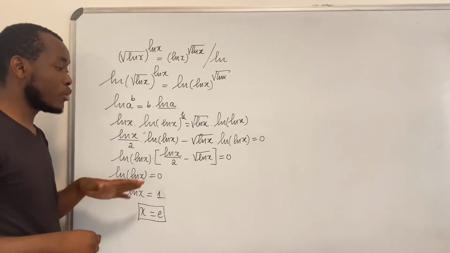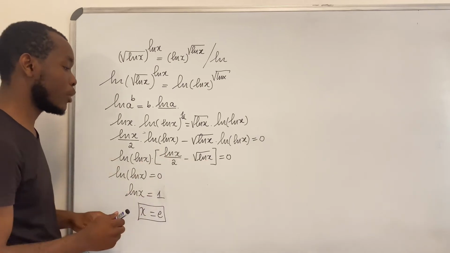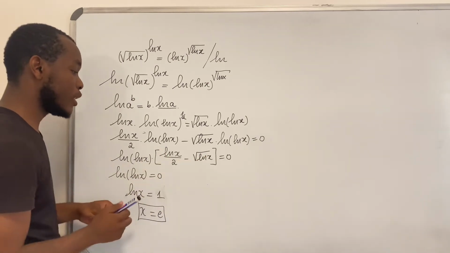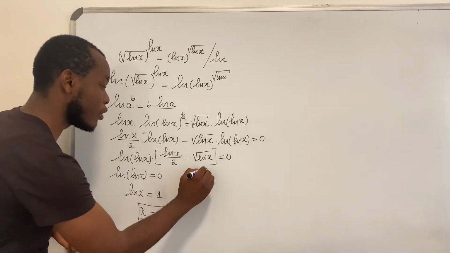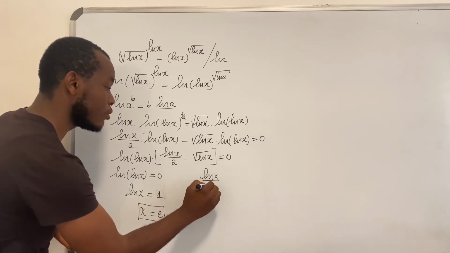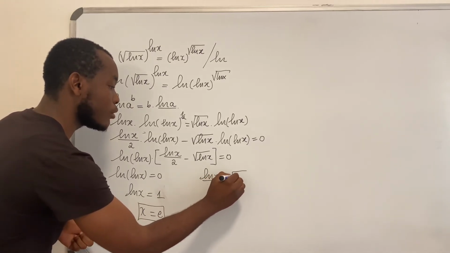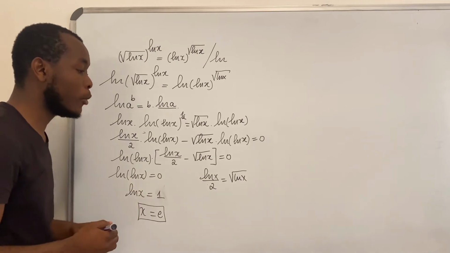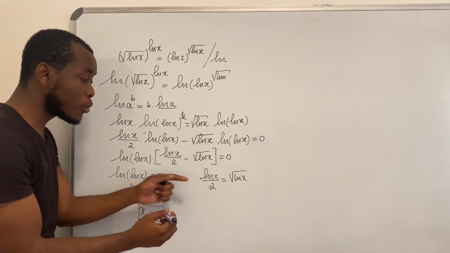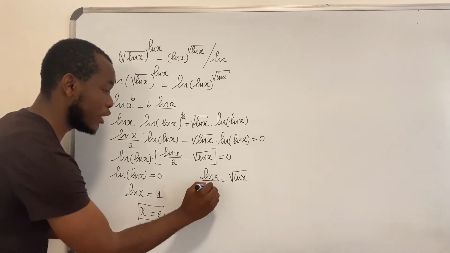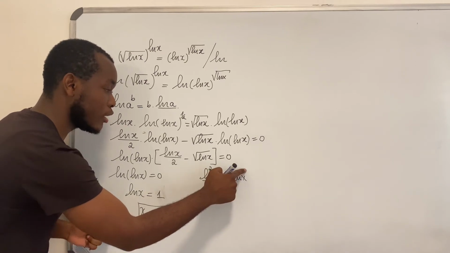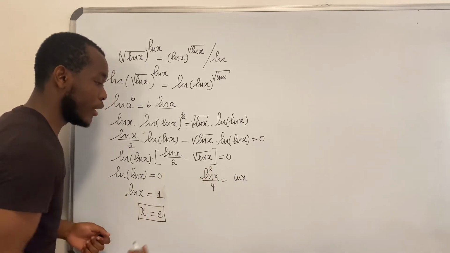All right. So now let's solve the second equation. This is negative. If we send it to the other side, it goes positive. So we're going to have ln x over 2 equal to the square root of ln x. All right. So if we square both sides, we're going to have denominator 4 and here squared, and the square root we're going to be eliminating.